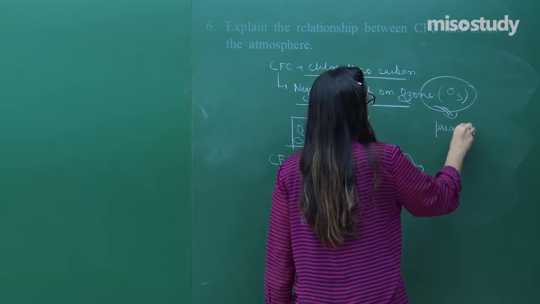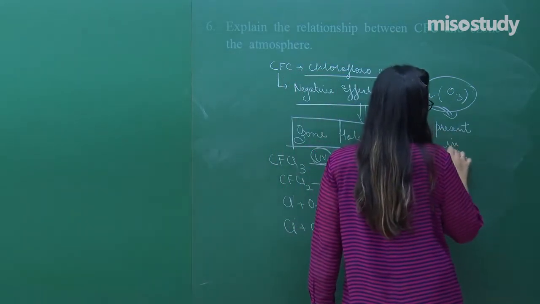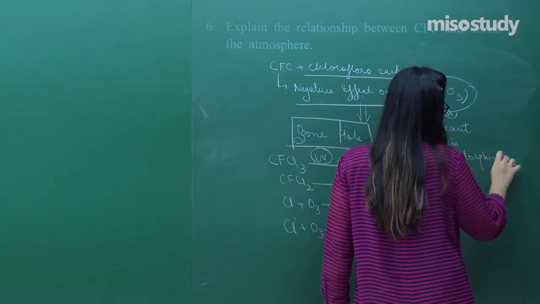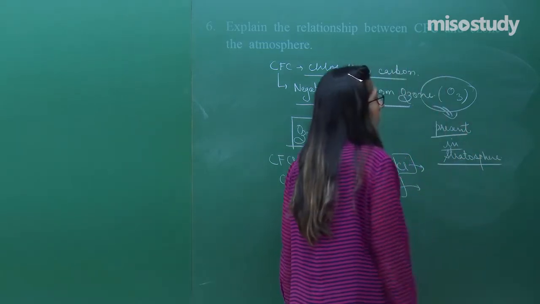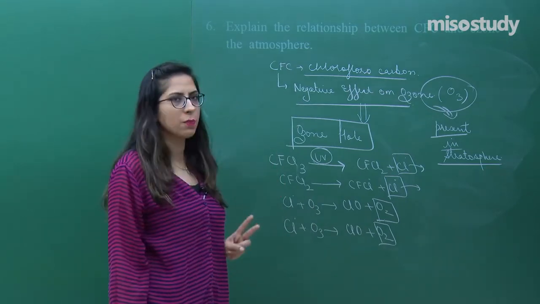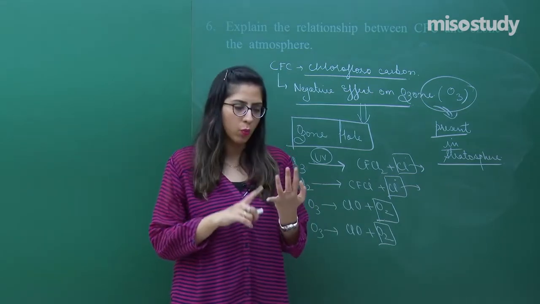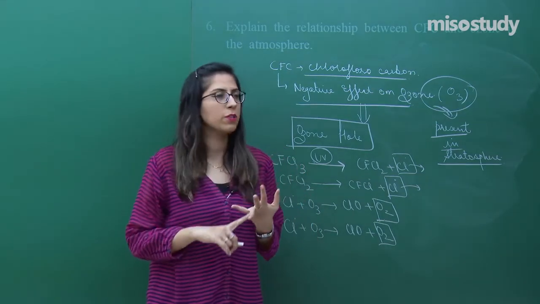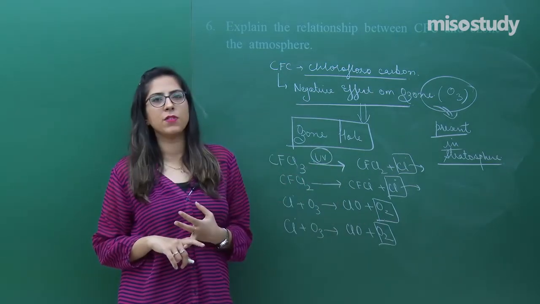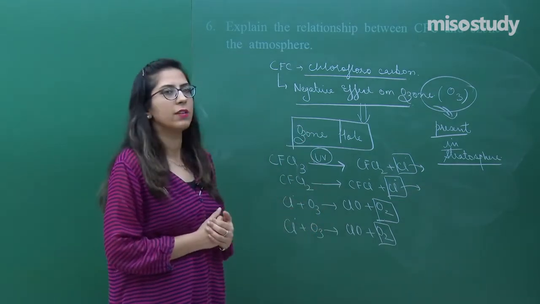This question can be asked in your medical entrance examination, that it is present in the stratosphere. First of all, you have to explain the CFC and its source, then explain the reaction between a CFC and ozone. This is how you have to attempt this question. So first of all, note this down, then we will proceed further.